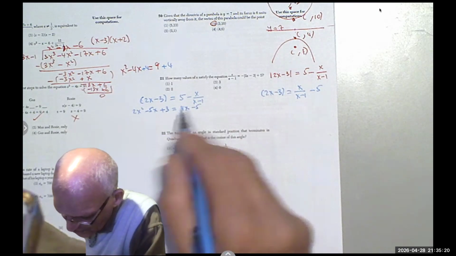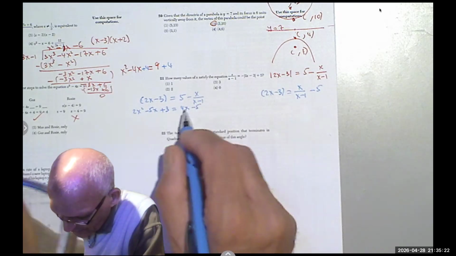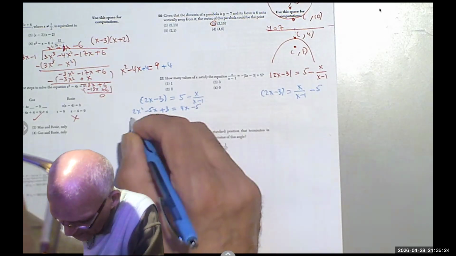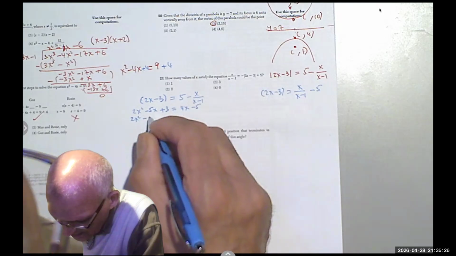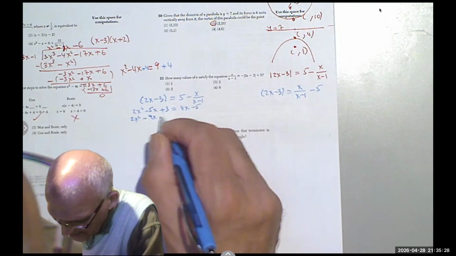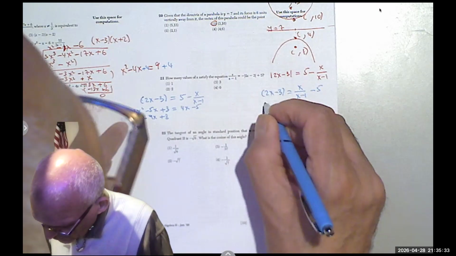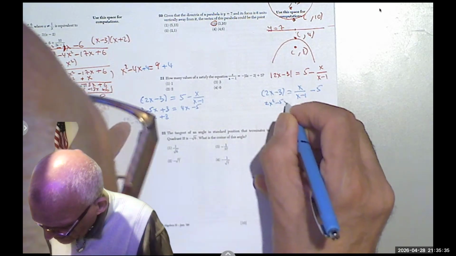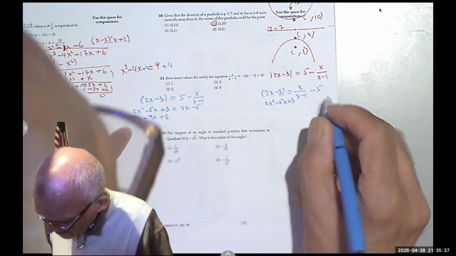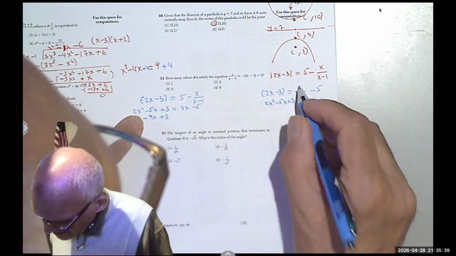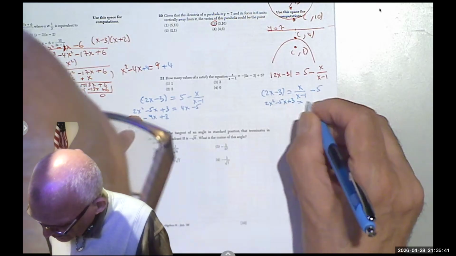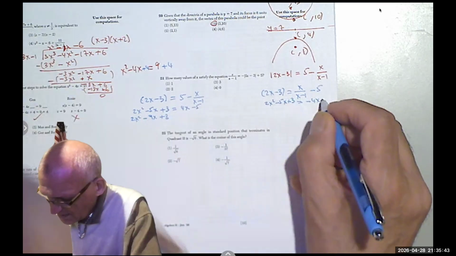When you move them, so when you add 4x, subtract 4x and add 5, that would be 2x squared minus 9x plus 8. If you do the same thing here, we said this is 2x squared minus 5x plus 3 again, equals, and this would be x minus 5x, would be negative 4x, of course, plus 5.